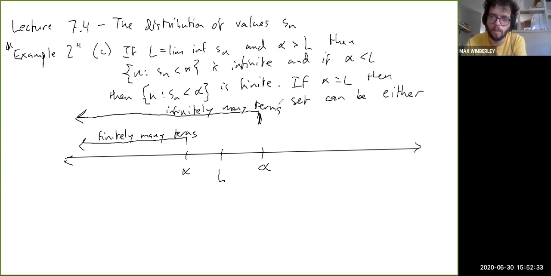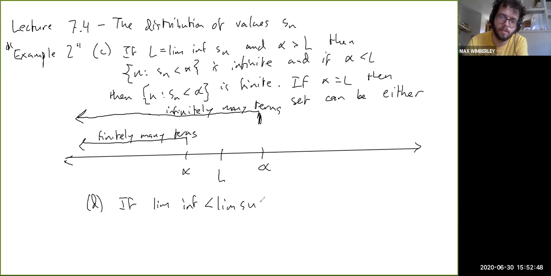So it's ambiguous. So that's part C, and then the last one is part D, which says that in any case the lim inf of Sn is less than or equal to the lim sup of Sn. You don't even have to require this strict inequality here, but it makes the picture a little bit more vivid.